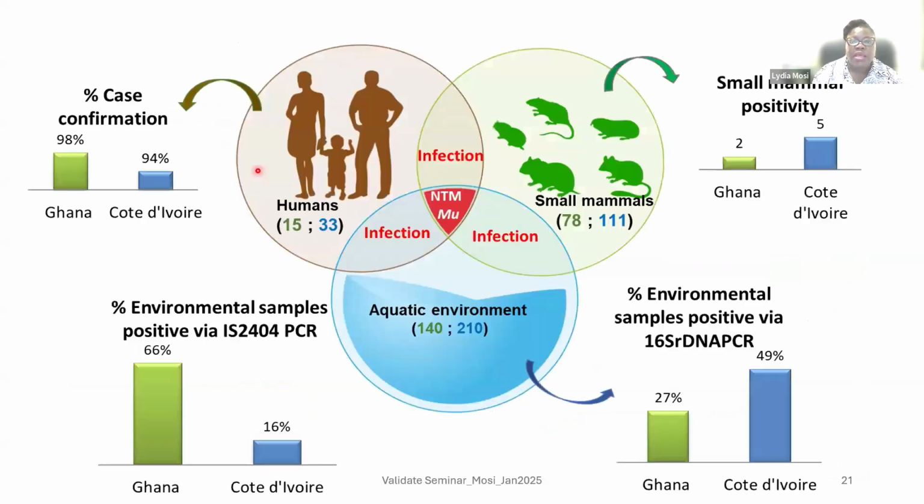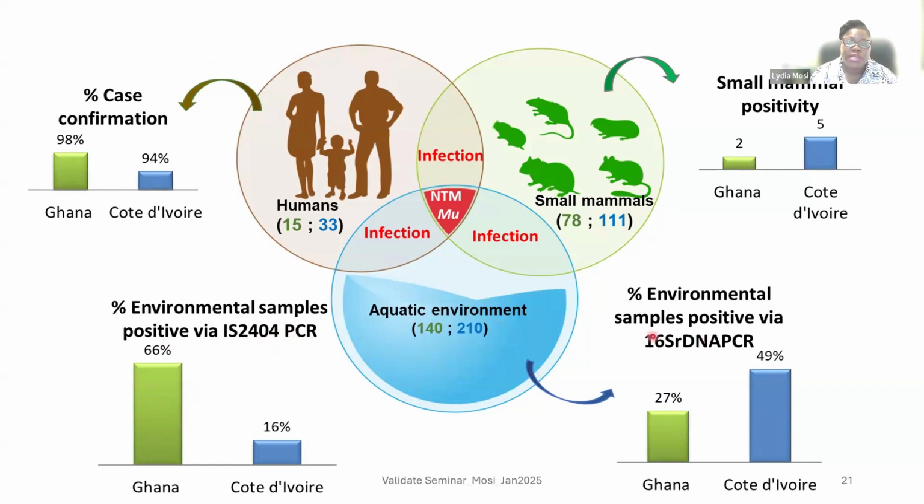transmission. So the first data that came out, or most of the data, this is a lot of data summarized in one slide, but we tested environmental samples, and for the numbers that we looked at, Ghana had most of the positivities when we looked using IS2404 as the PCR marker.